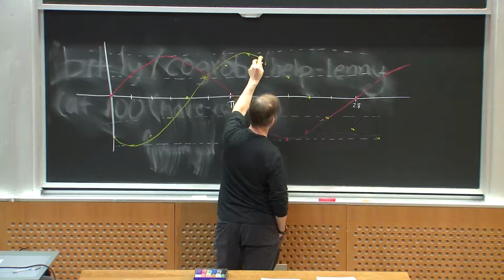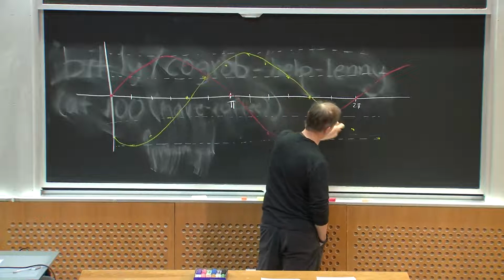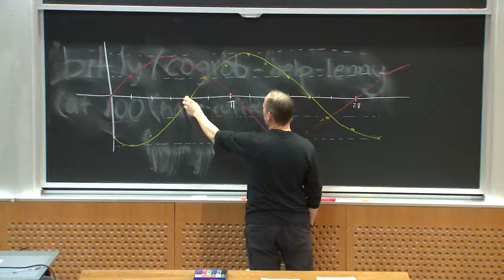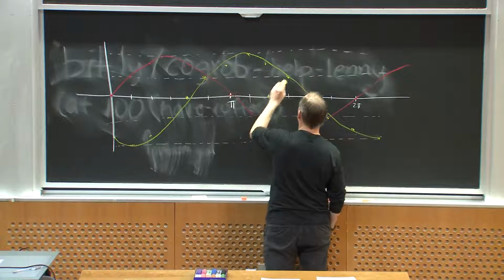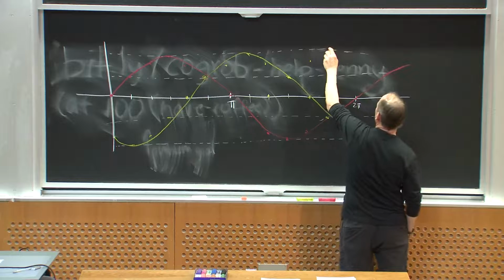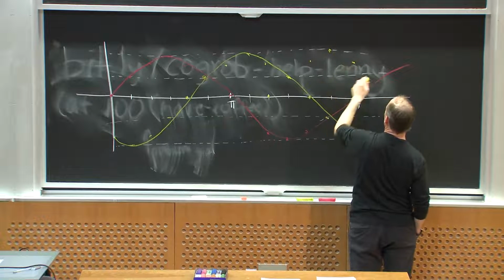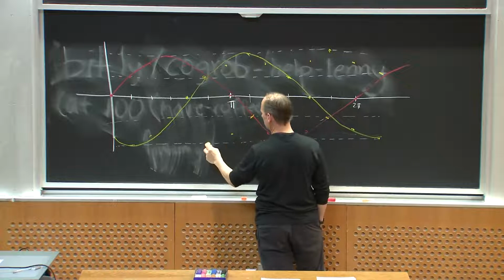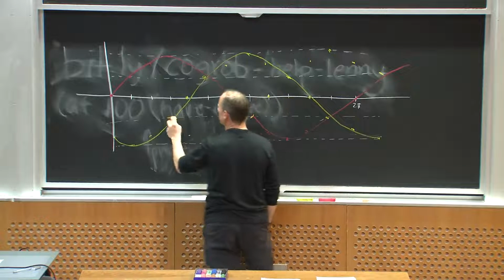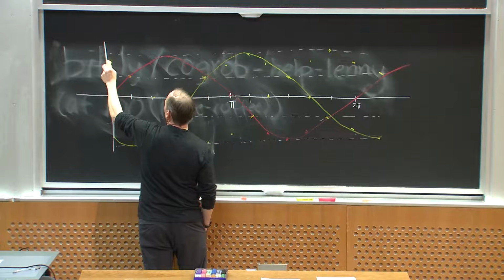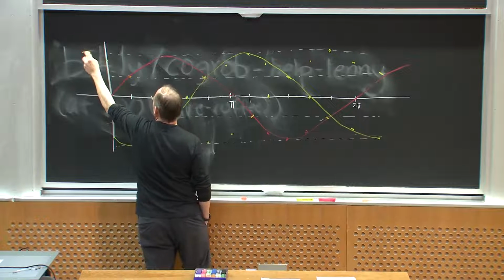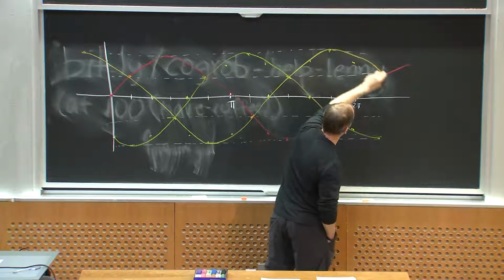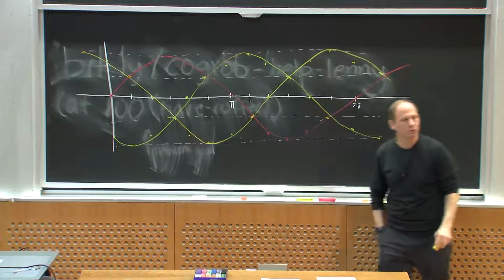So VB would look like this. All right, and then VC would be lagged another 1, 2, 3, 4, right? So it would look something like this. Okay, and what would this equivalent of the half-wave rectifier do?